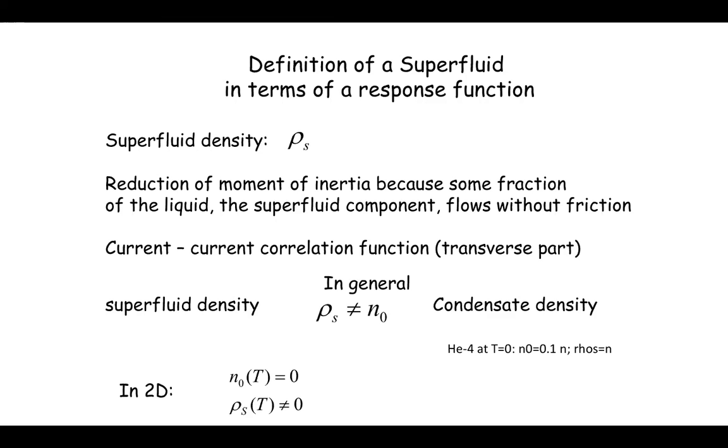Okay. Yep. I have a question. Is there a physical reason why superfluid stiffness and superfluid fraction are the same within mean field theory? Because the two seem to be coming from very different physics, but within mean field theory they are the same.